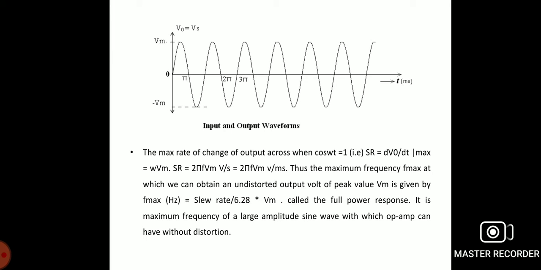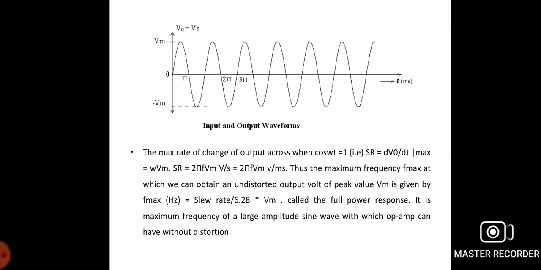Thus the maximum frequency which can be obtained for an undistorted output voltage of peak value Vm is given by maximum frequency equal to slew rate divided by 6.28 into the maximum voltage. It is called the full power response. It is the maximum frequency of a large amplitude sine wave which an operational amplifier can have without distortion.